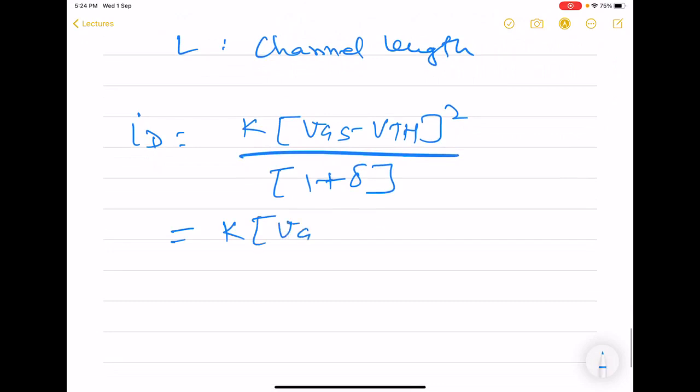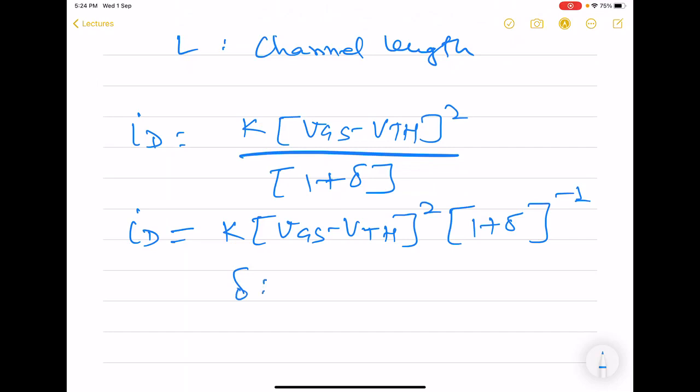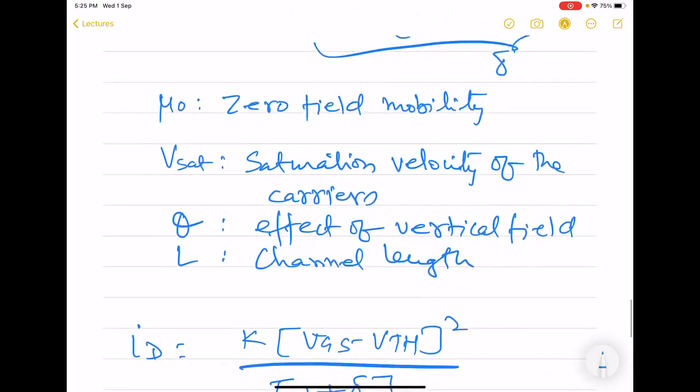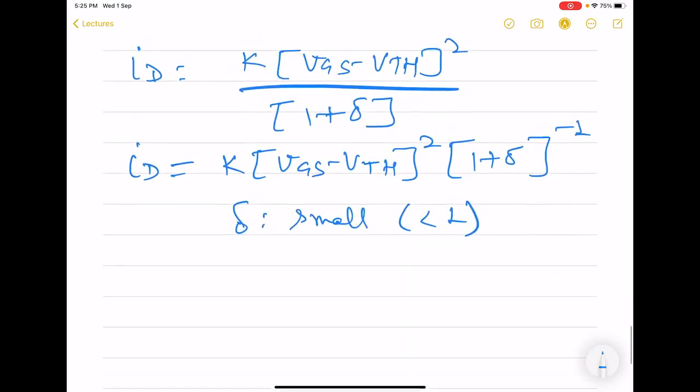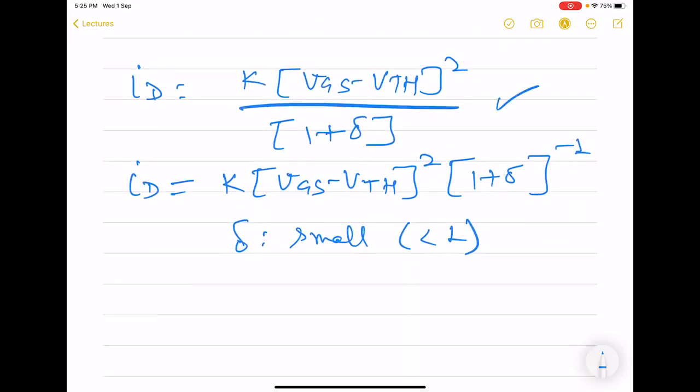So we can take the denominator to the numerator part for the expansion purpose. And this delta term is usually small, and that is why the equation 3 is used most of the time. This is quite small, less than 1. So that is why we need not include this denominator term all the time. Otherwise, this is the expression that we would have been using for the drain current.